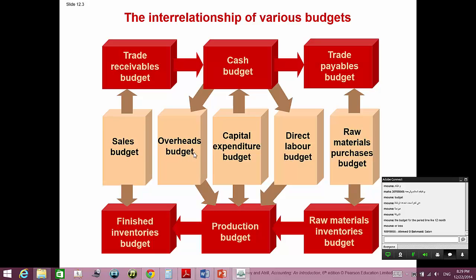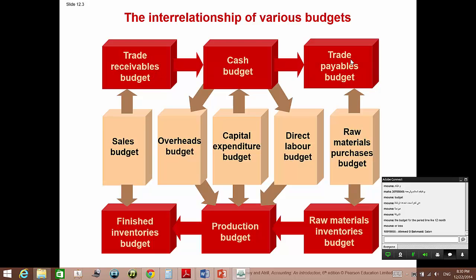We need to plan the accounts receivable or trade receivables. Here also, as an example, the cash budget needs to be prepared, and the cash budget here is related also to the trade receivables and the trade payables or accounts payable.